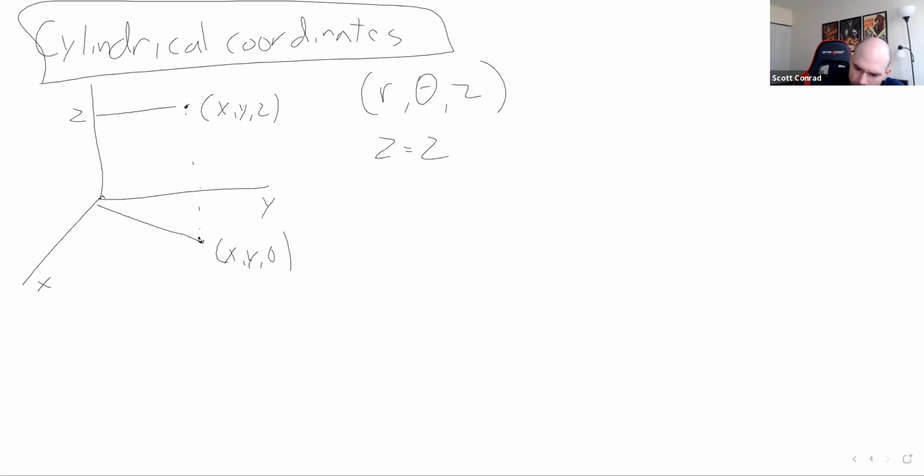Then r is going to be the distance from the origin of the projection, and theta is going to be the angle measured counterclockwise from the positive x-axis.